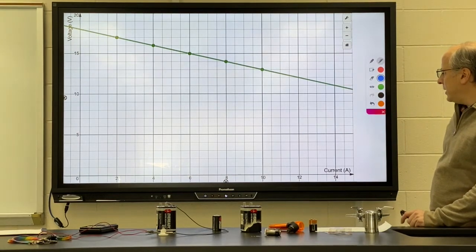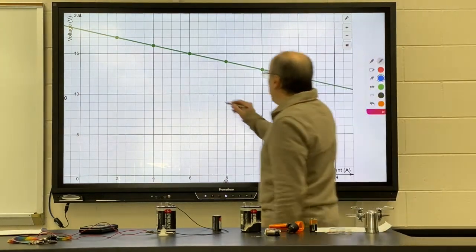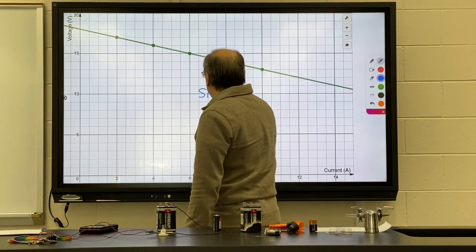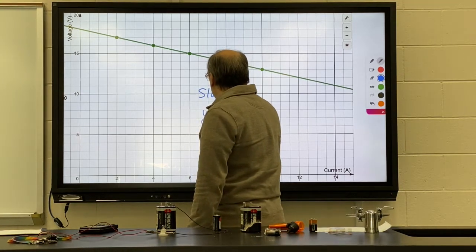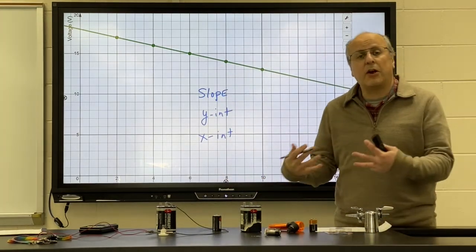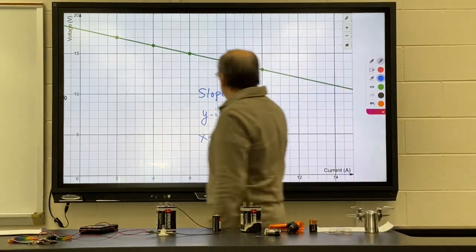When you see one of these lines, you want to look for 3 different things from the line. You want the slope, you want the y-intercept, and you want the x-intercept. And they all mean different things, but they are all tied together. So first of all, the y-intercept is easy.